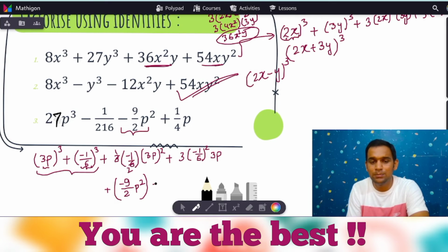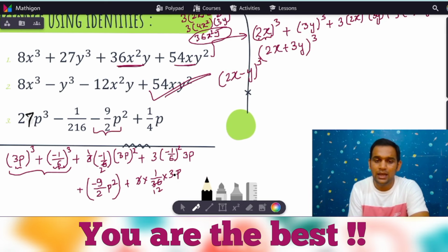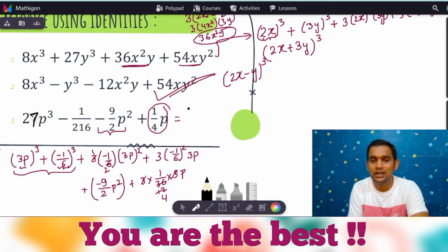It says plus 3 times 1 by 6 squared is 1 by 36, so the minus will get cancelled out, times 3p. So 3 times 36 is 12 and 3 times 12 is 4. So what do we get? We get p by 4, plus p by 4. So what is the answer for this? The answer for this is 3p minus 1 by 6 to the whole cubed. And that is how we prove it.